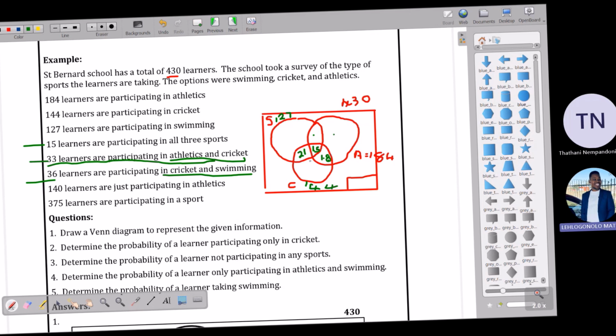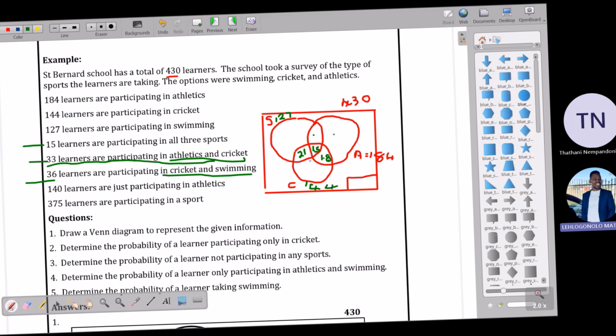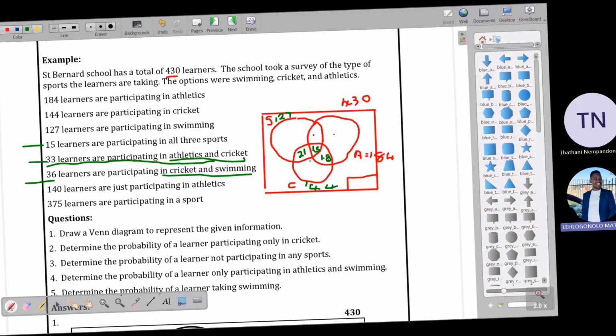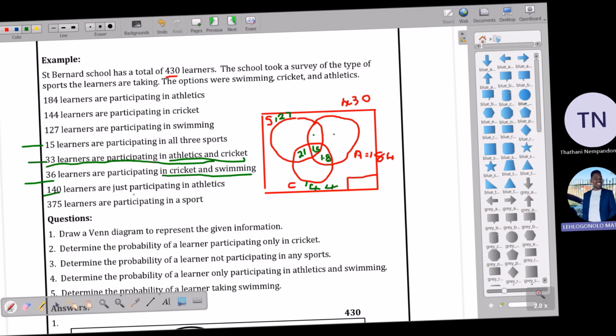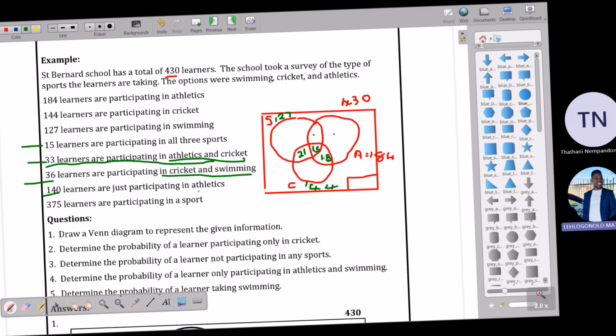Are we clear? Yes. Okay. And then going further, we're going to have how many? We're going to have 140 learners just participating in athletics, which means they are just participating in what? In athletics.